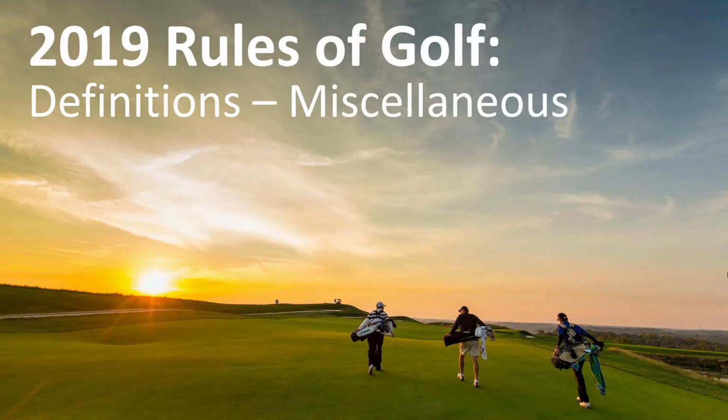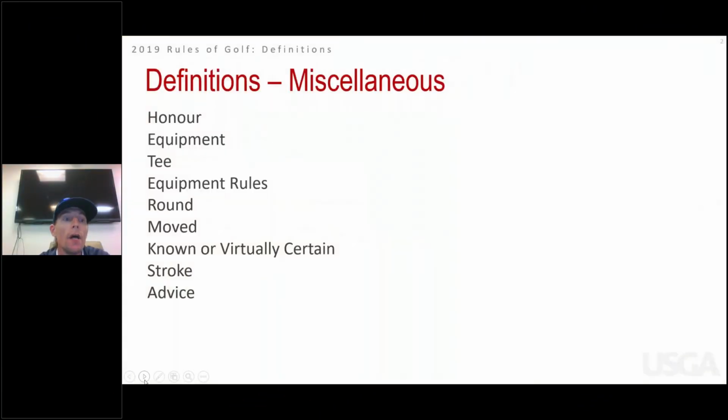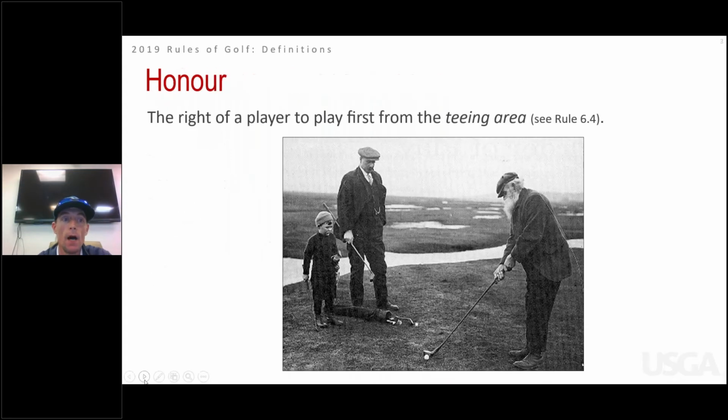So our first definition that we are going to go over is going to be honor. We're also going to talk about equipment, equipment rules, what constitutes a round, whether or not a ball has moved, known or virtually certain, a stroke, and advice.